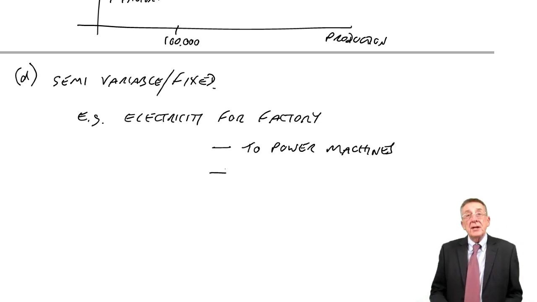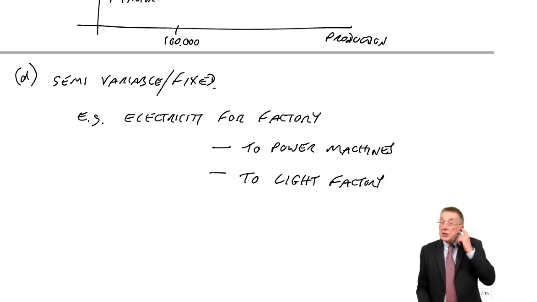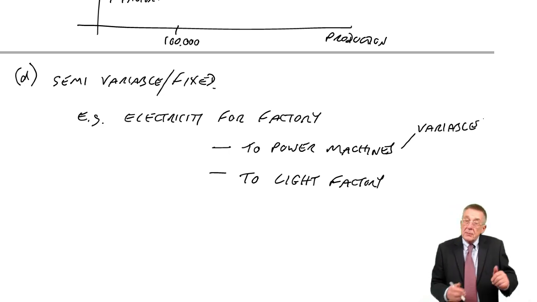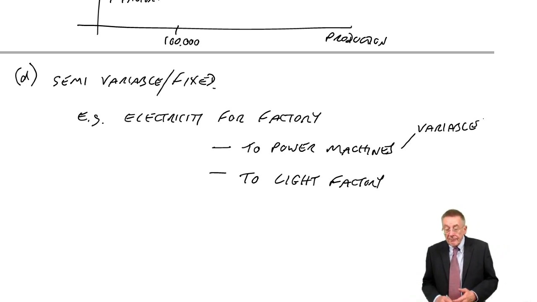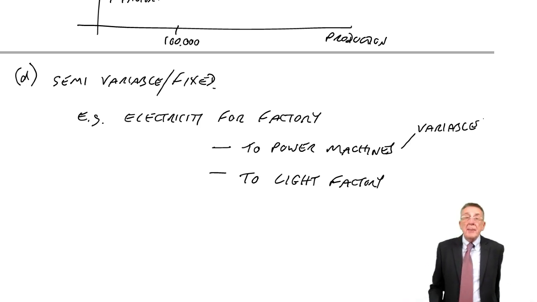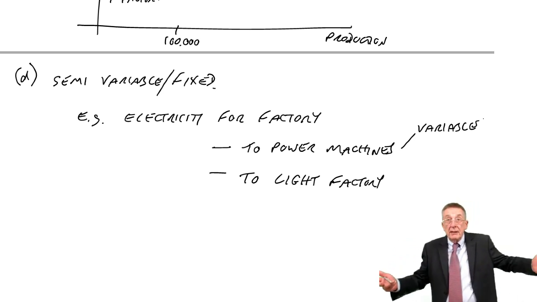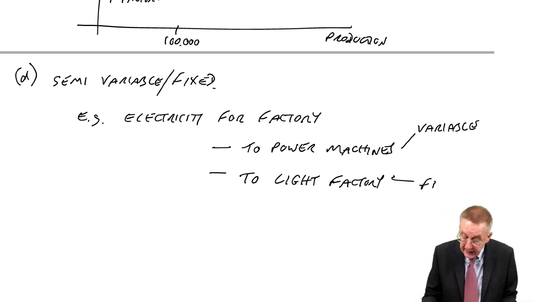And in addition, we're using electricity to light the factory. Now, powering the machines surely is going to be variable. The more we produce, the more we use the machines, the more the cost will be. Lighting the factory, well, maybe I need the lights on, however many I'm producing, whether it's 1 or 100. And so this is more likely to be fixed.